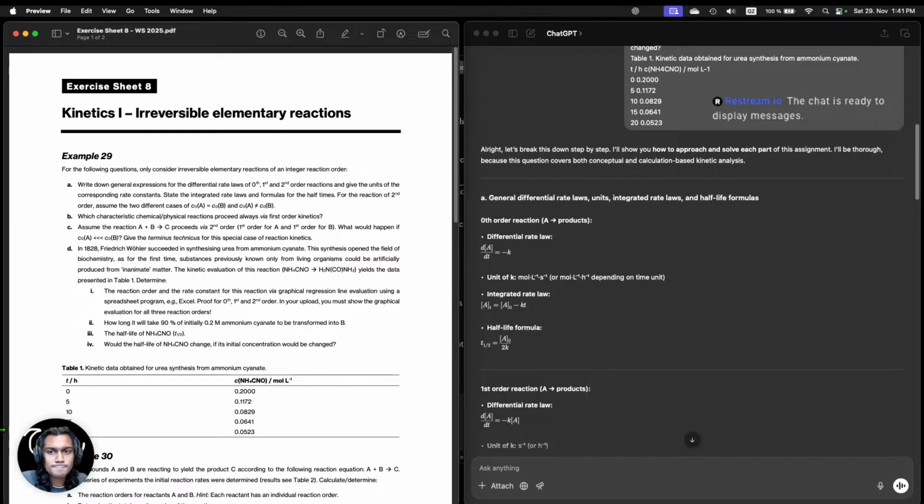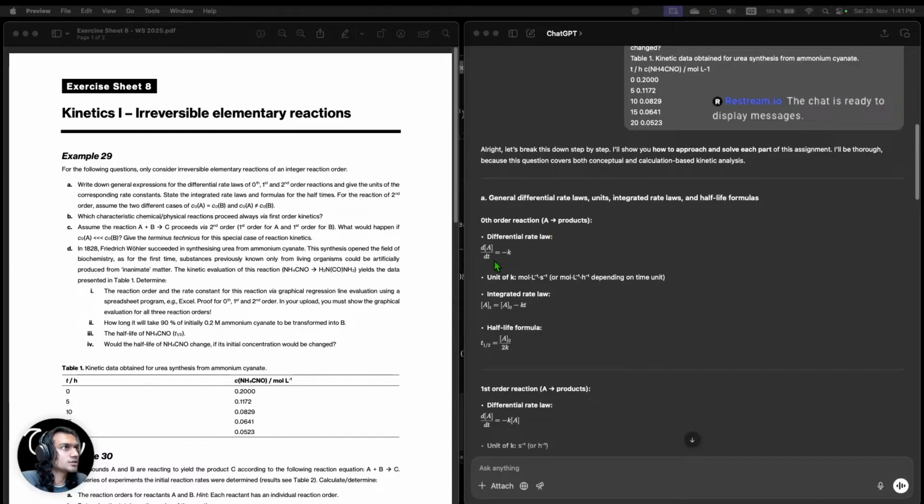General differential rate laws, units, integrated rate laws, and half-life. Oh damn! I can see deep sea cooking. General differential rate laws. Zeroth order reaction, A to products.